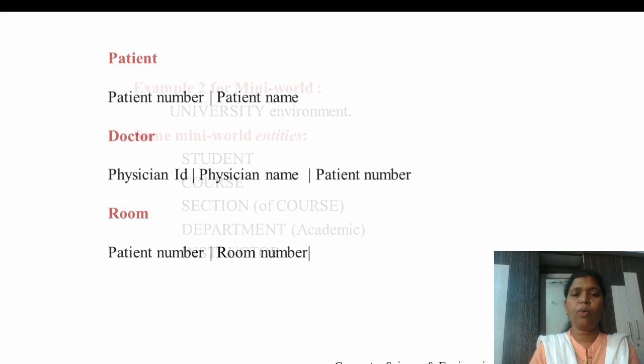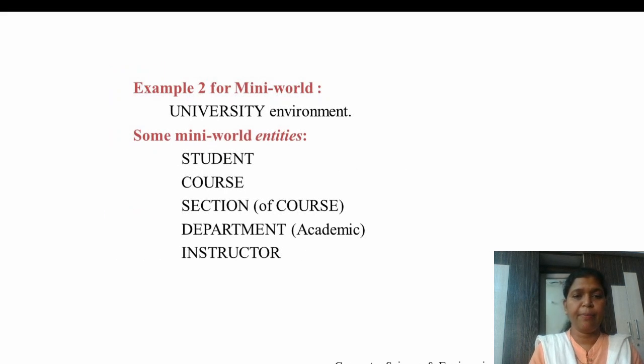Okay. So now if you see another example, a university environment where you can think of many entities. So the previous one was a very simple one. Now we have student, course, different sections. Okay. So you can think of courses. And then the department itself and different instructors.